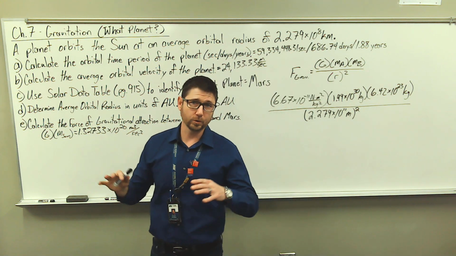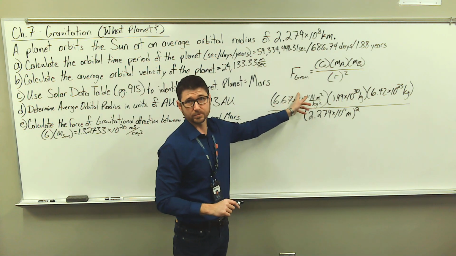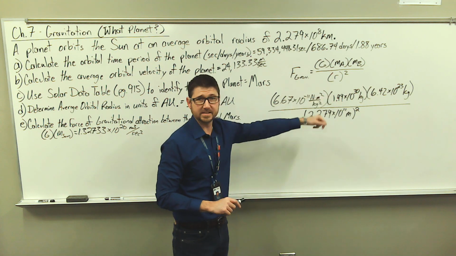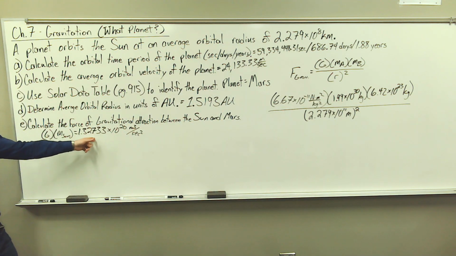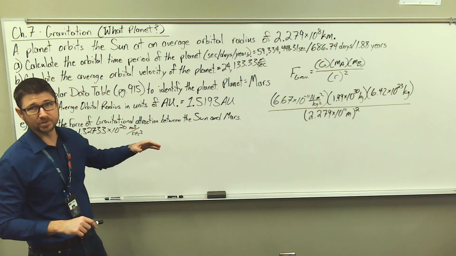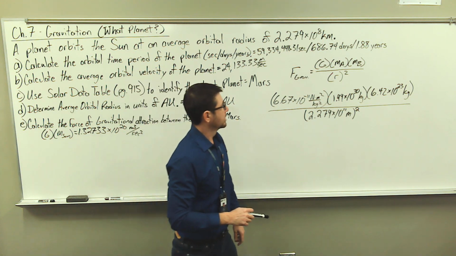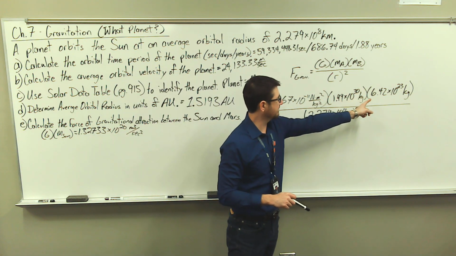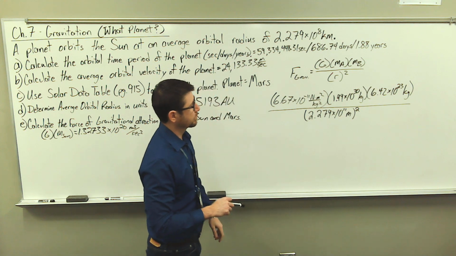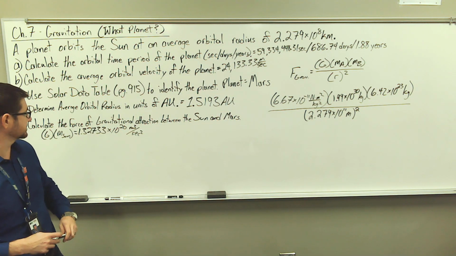Now remember, earlier in the problem, we already calculated the product of the universal gravitational constant and the mass of the sun. Right here, 1.32733 times 10 to the 20th, and we have units of meters cubed per second squared. And so what I want to do is multiply that value by 6.42 times 10 to the 23rd kilograms, okay?